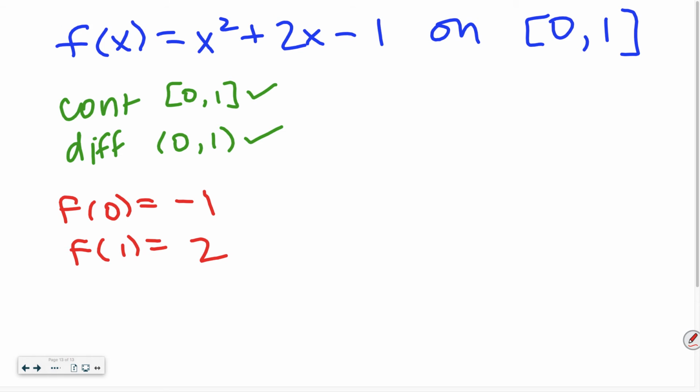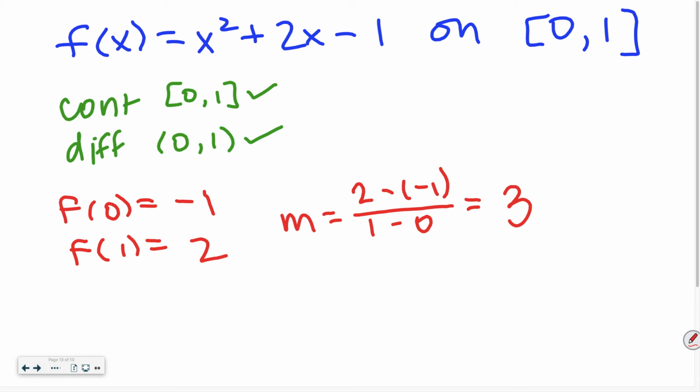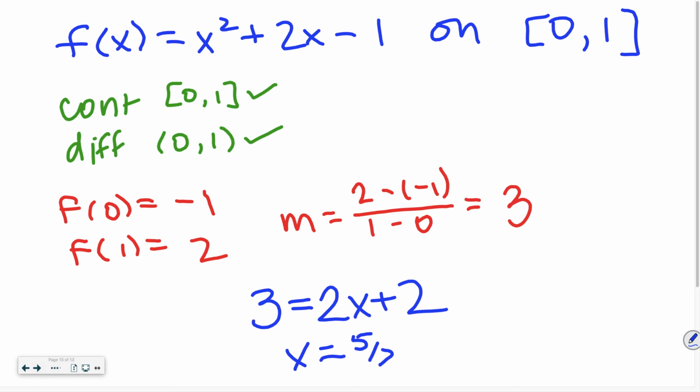So with those 2 points that we calculate, we're going to calculate the slope, which is 3/1. Okay. And what are we going to do with that slope? We're going to set it equal to the derivative. And the derivative of x squared plus 2x minus 1 would be 2x plus 2. So it equals what? 5 halves. No, 1/2. 1/2.